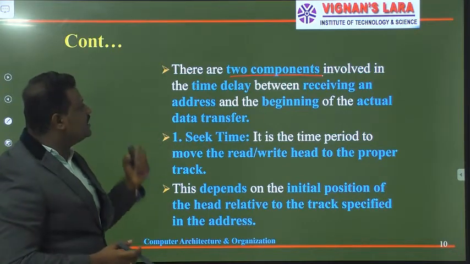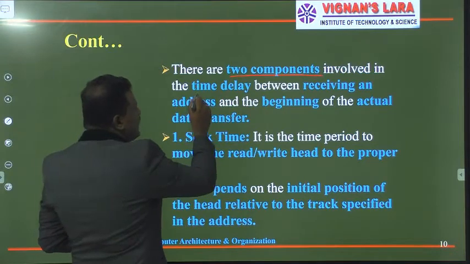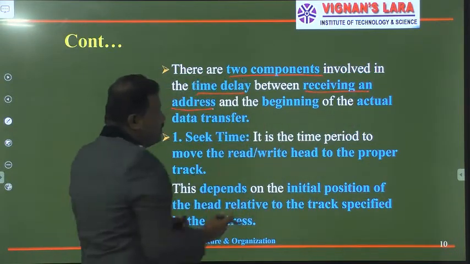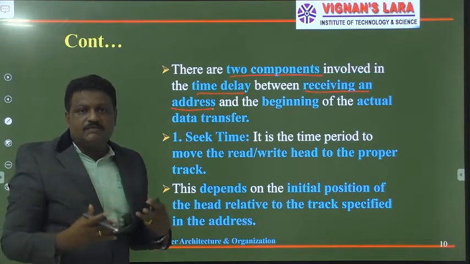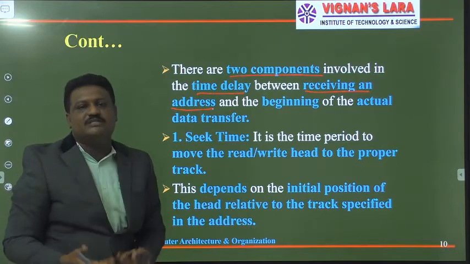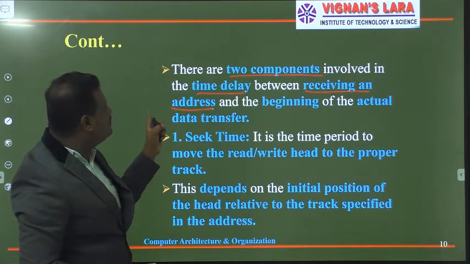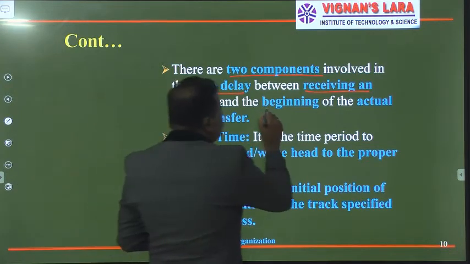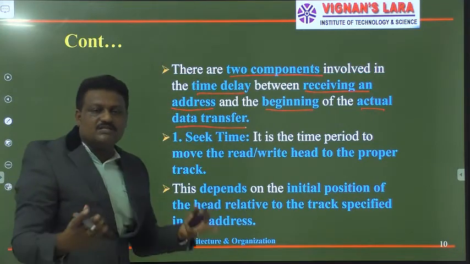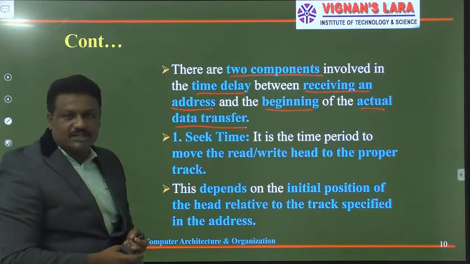That involves the time delay between receiving an address and the beginning of actual data transfer. Like with semiconductor memories, when the CPU wants information from storage elements, it has to generate an address. So at what instant does actual data transfer start? For that, I will consider 2 timing components.